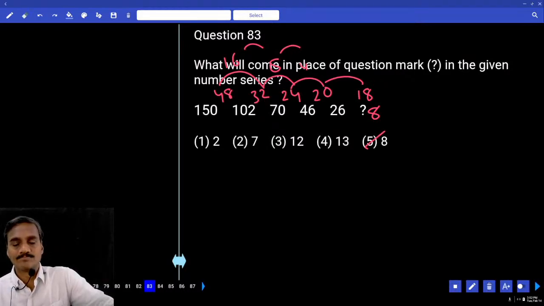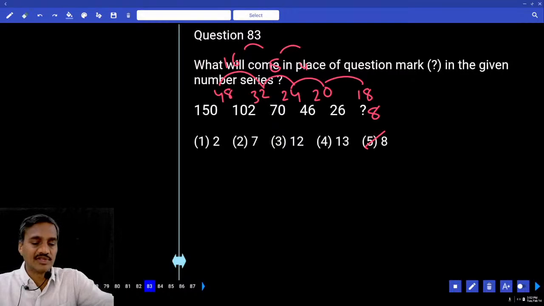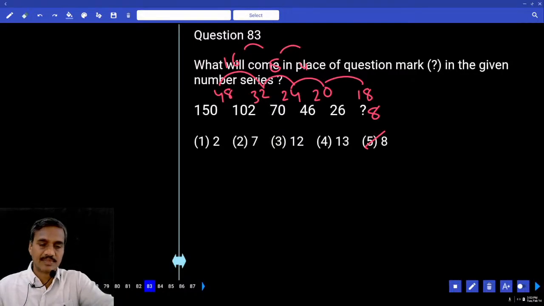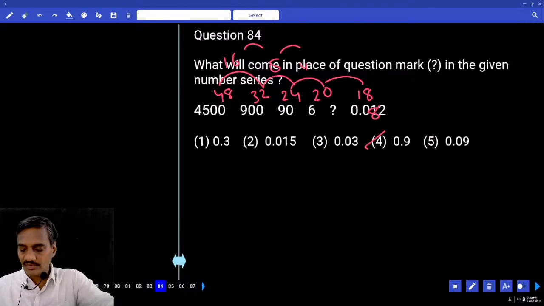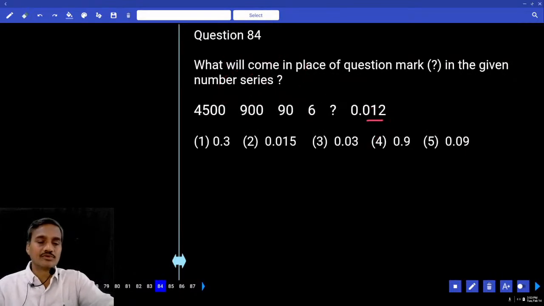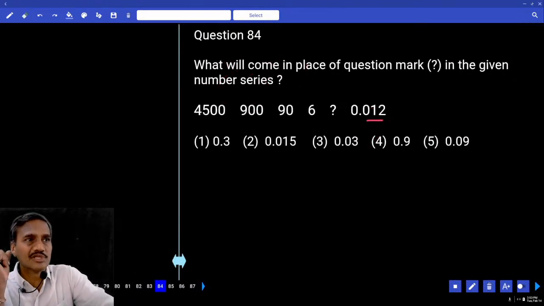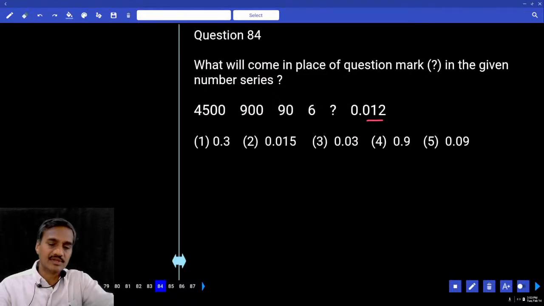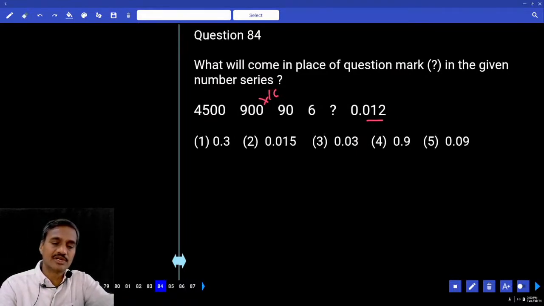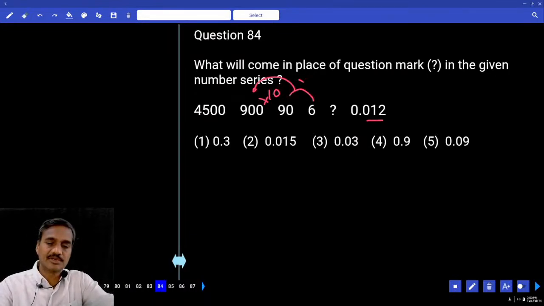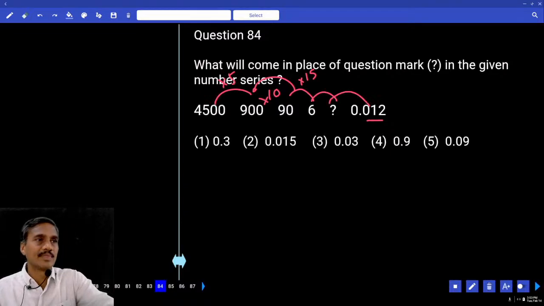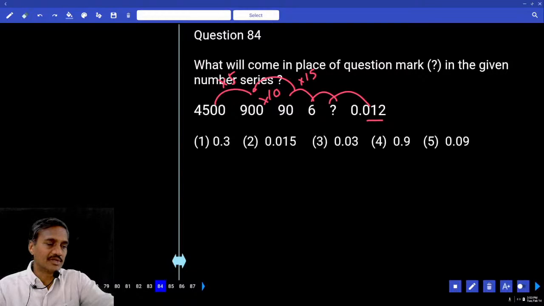Did it match? Now the differences between the numbers are 48, 32, 24, 20 and 18. That was 83, then 84. In 84, it started with 12, 4, 500 numbers increasing at a very fast rate, then 9 and 90 and 100, this is into 10. In the reverse I am talking about, into 10, from here to here, into 15, 15, 10, from here to here, 5, 5, 10, 15, 20, 25, all isn't it, and 25 into 12, what should come, and that is 0.3.